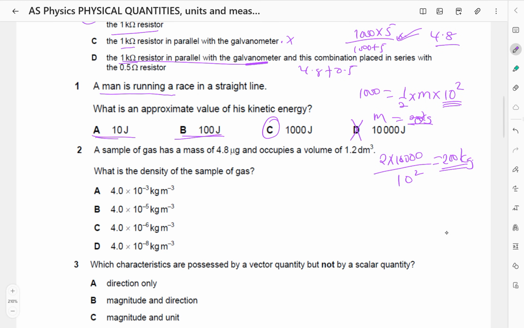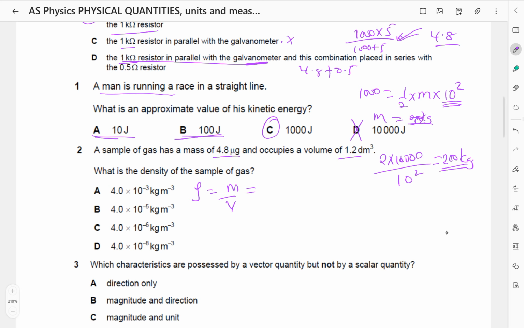A sample of gas has a mass of 4.8 micrograms and occupies a volume of 1.2 decimeters cubed. What is the density of the sample of the gas? So density is mass over volume. So I'll change everything.